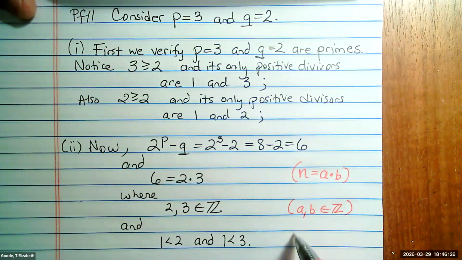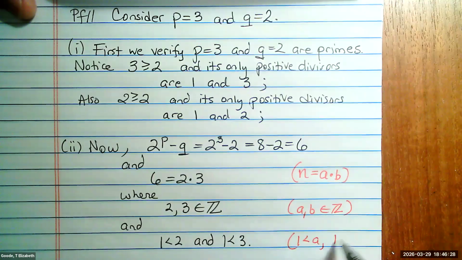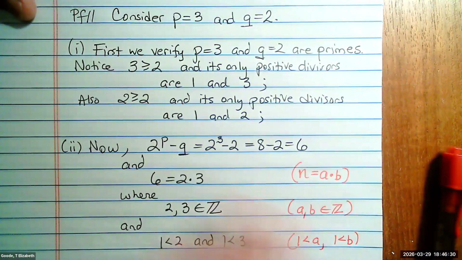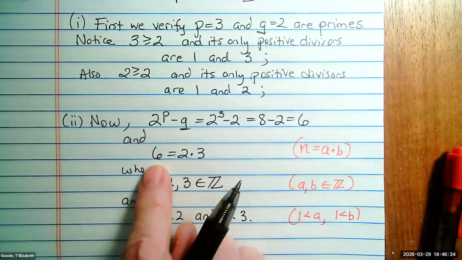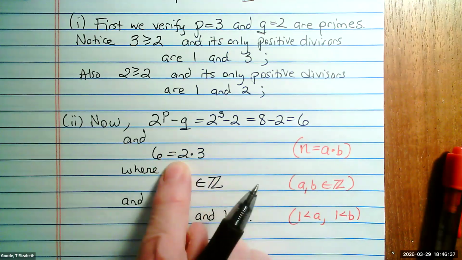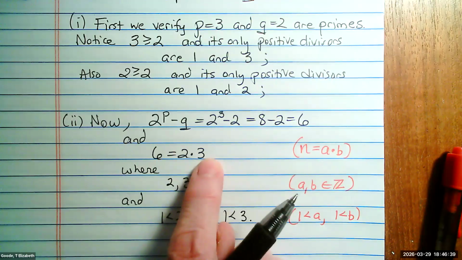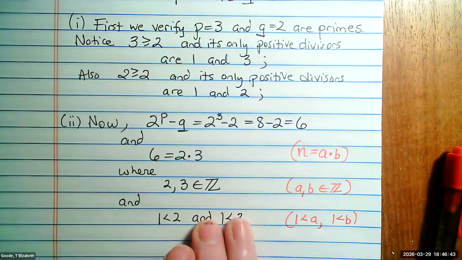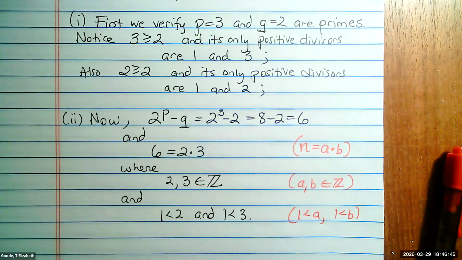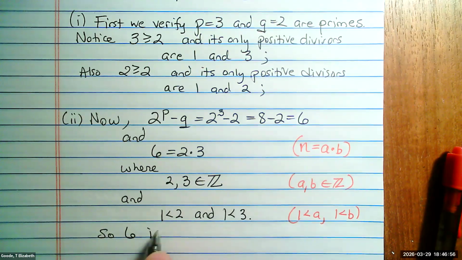We have to verify 1 is less than A, and 1 is less than B. So we have completely addressed the definition of composite. We've factored 6 into what we call a non-trivial factorization of integers. It's non-trivial because both of the factors are larger than 1, and that automatically ensures that both of the factors are less than 6. So 6 is composite.